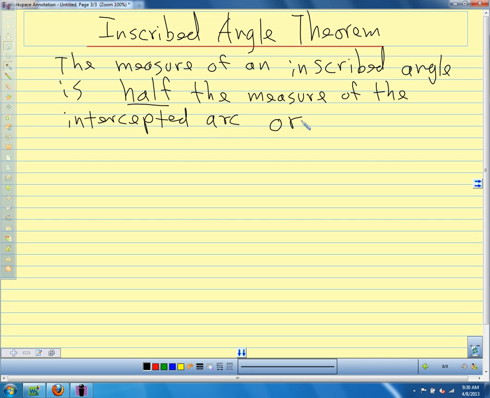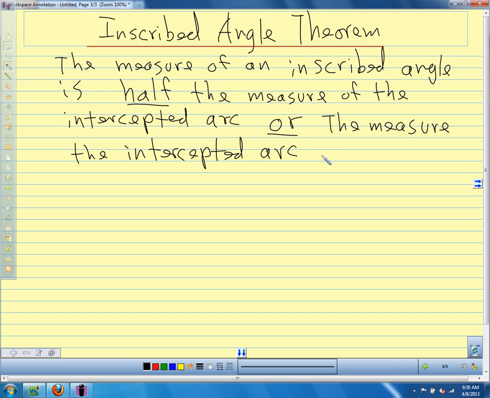Or we could say, going the other direction, the measure of the intercepted arc is twice, 2 times, the measure of the inscribed angle.